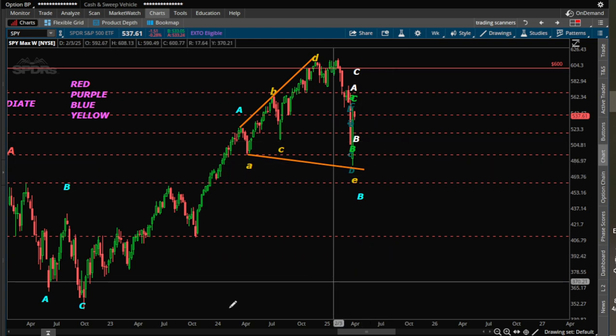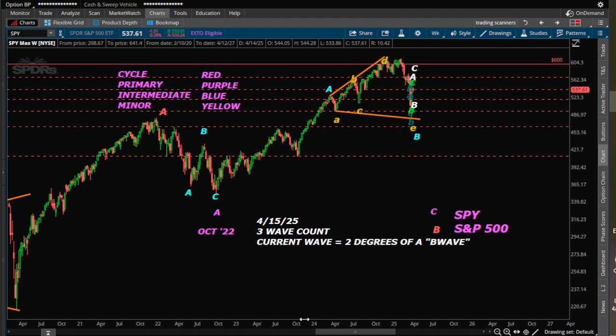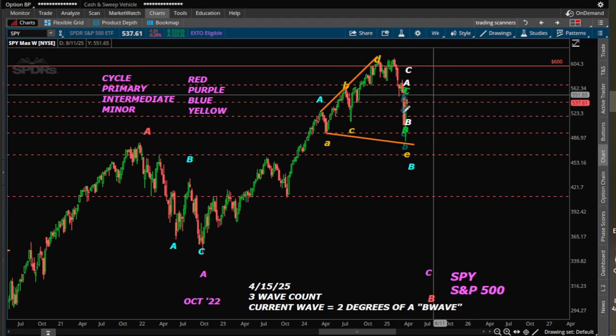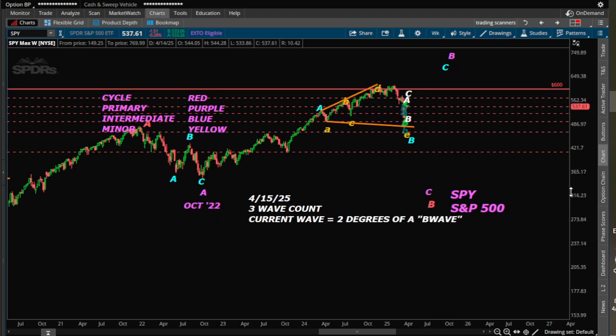That's what I have. So keep in mind, of the two scenarios, I'm going to post this one up. This is my favorite count right here. So I would say we should be shooting higher.